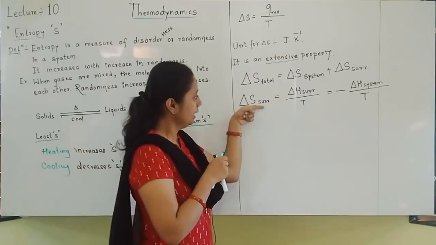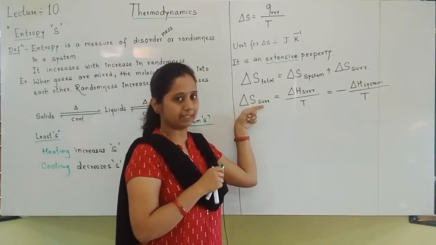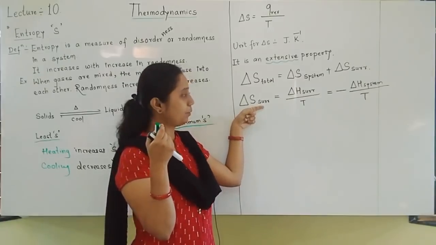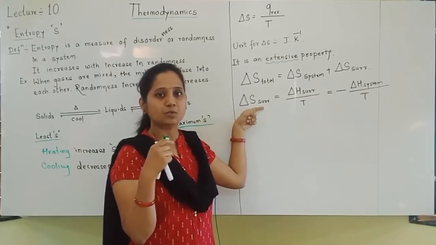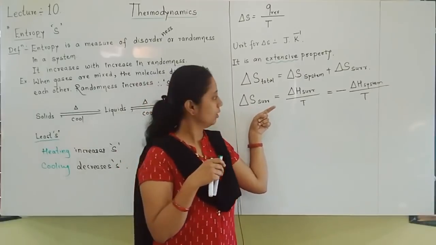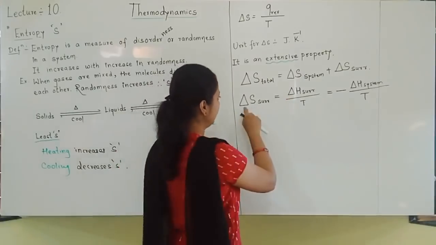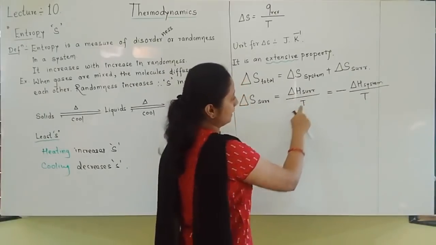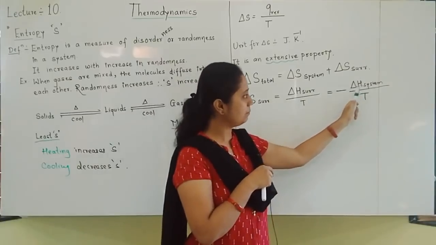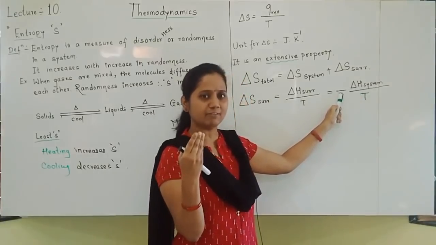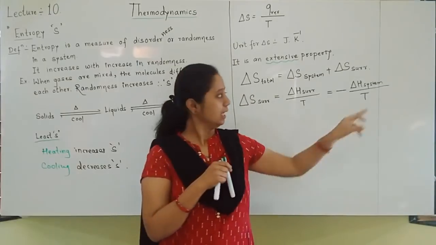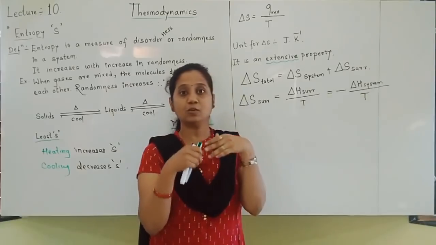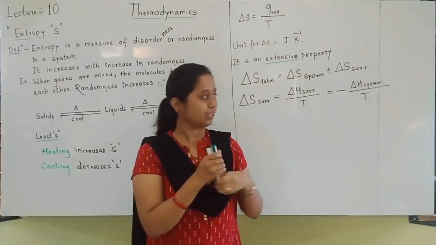Students, see here. I have written the delta S of surrounding formula because you need this formula when you have to solve problems. So while solving problems, you have to write delta S of surrounding is equal to delta H of surrounding divided by temperature. For the system, the sign will be negative. Why will the sign be negative? Because the system gives heat.